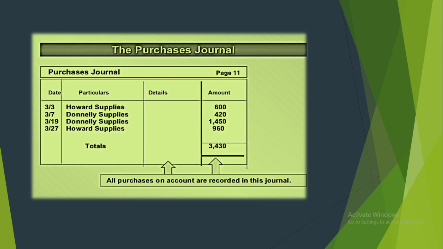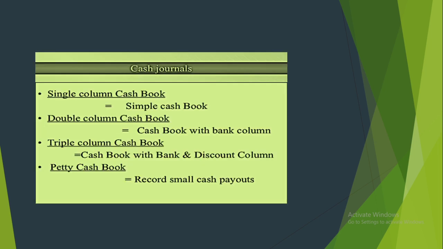So the total of the purchase book is 3430 rupees. So all purchases on account are recorded in this journal.